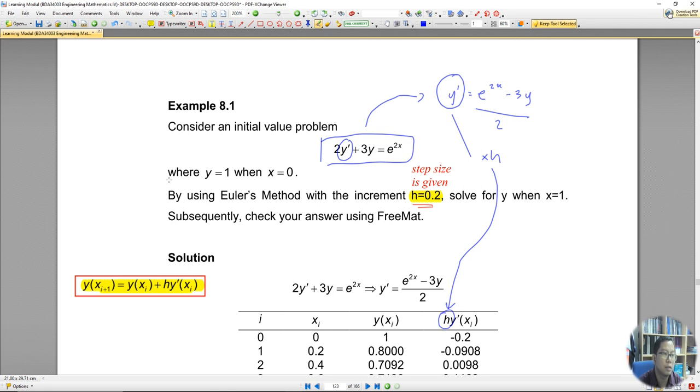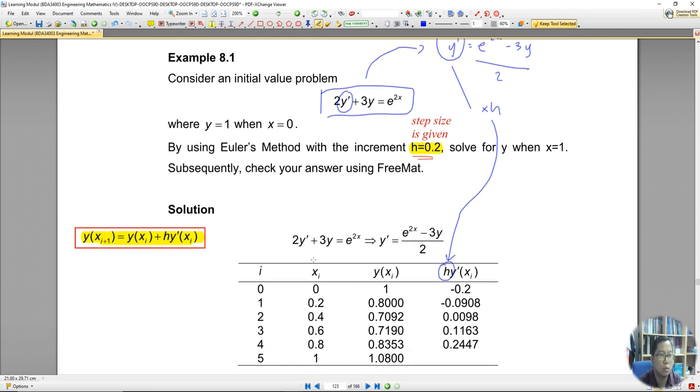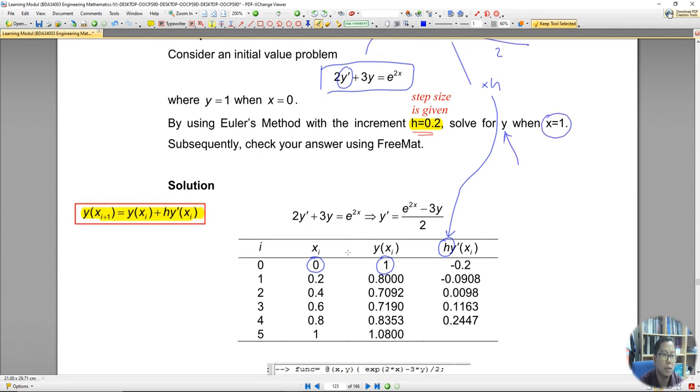From this question, the condition is that y equals 1 when x equals 0. Then by using the Euler method, the increment h is 0.2, and they are asking us to identify the y value when x equals 1.